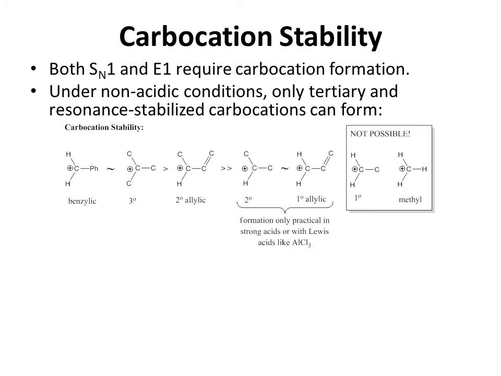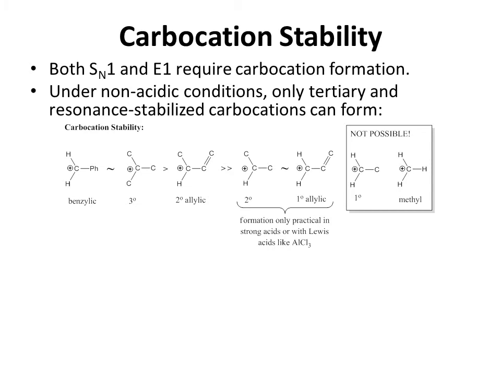Now, the secondary allylic carbocation is much more stable than a simple secondary carbocation where there are only two carbons connected to the plus charge, or a primary allylic carbocation where there's only one carbon with a plus charge connected to a carbon-carbon double bond. So the resonance between the plus charge and the double bond allows for some resonance stabilization.